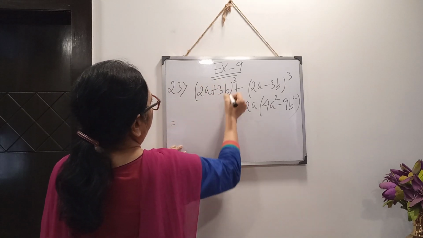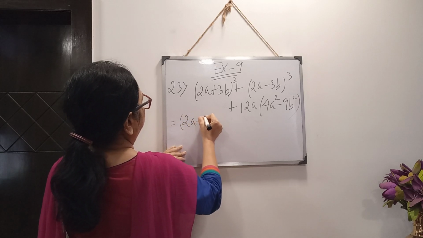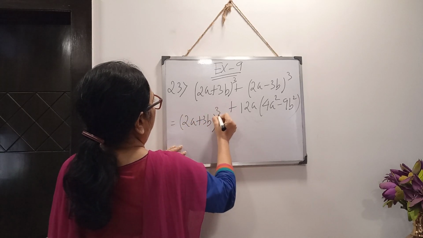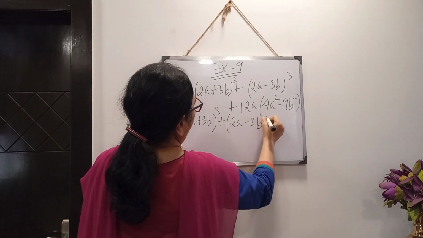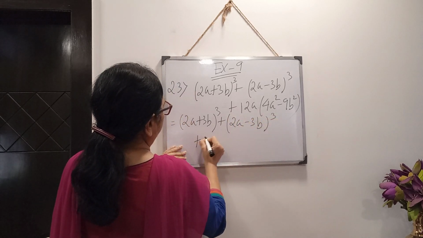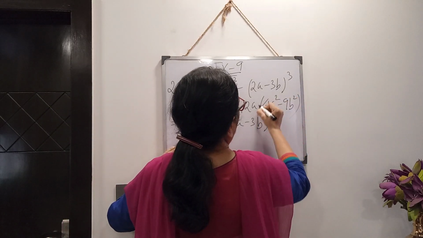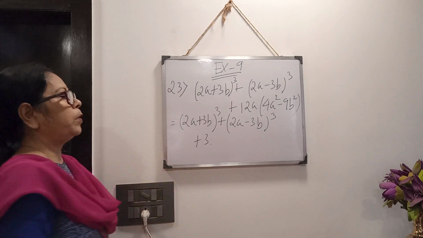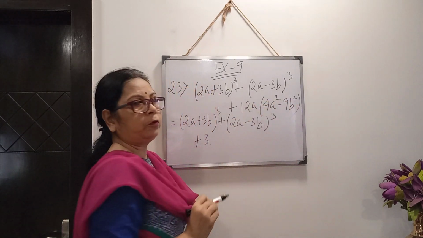Suppose this is your a, this is your b. So a³ plus b³ plus 3ab. Now see, it is in the form of a² minus b², that is (2a)² minus (3b)².